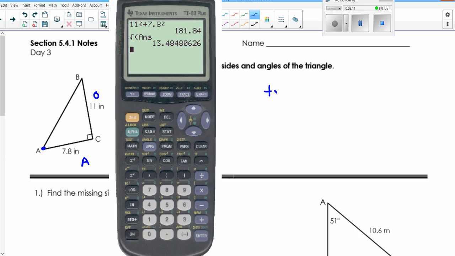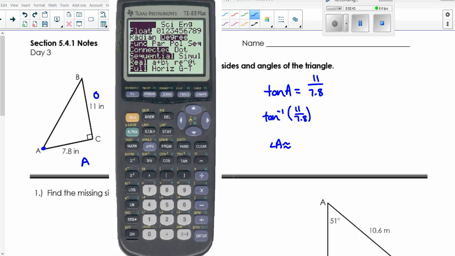Okay, so I'm going to set up my equation, and I'm going to say the tangent of angle A is equal to my opposite side over my adjacent side. Okay, like yesterday, if I want to figure out what the value of A is, I need to undo tangent. So to undo tangent, I do tangent inverse of that ratio 11 divided by 7.8. Okay, so that means that angle A is about, let me make sure this is in the right mode.